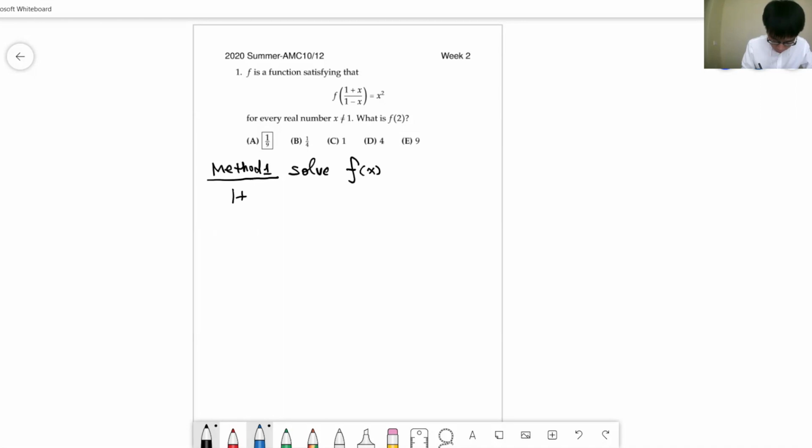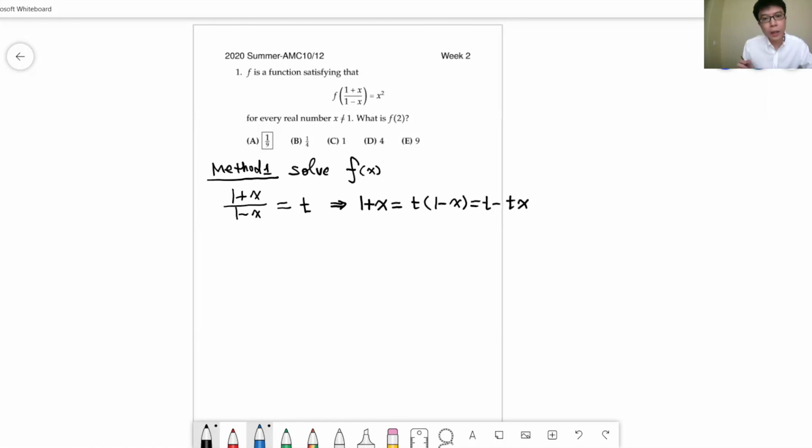We define (1 plus x) over (1 minus x) to be some new variable, say t. And then we try to solve x in terms of t. This gives 1 plus x equals t times (1 minus x), which is t minus tx.